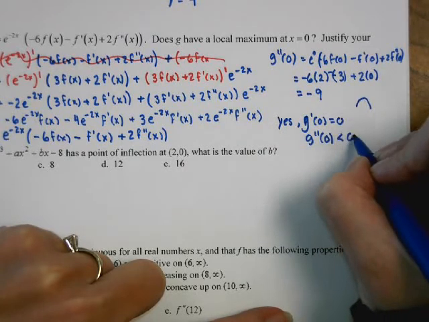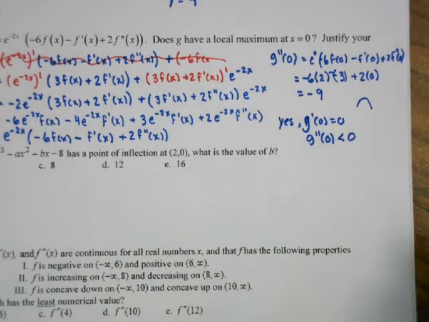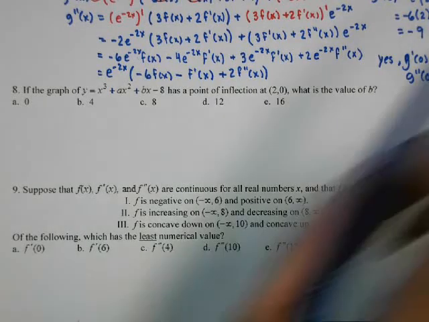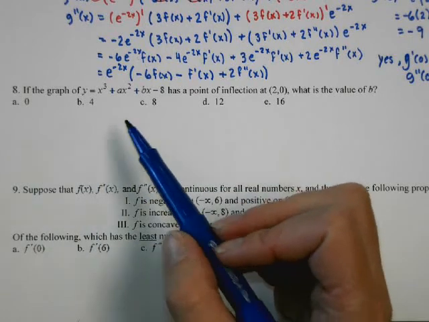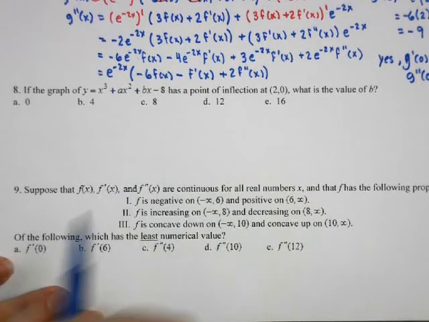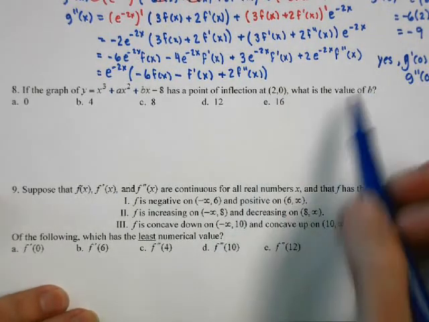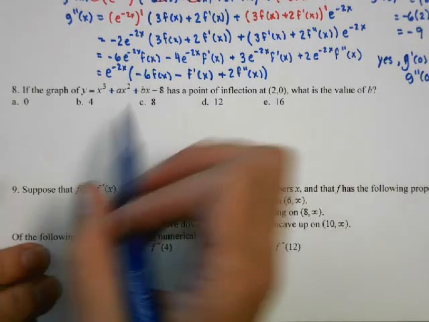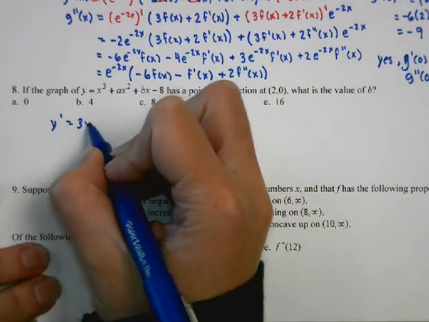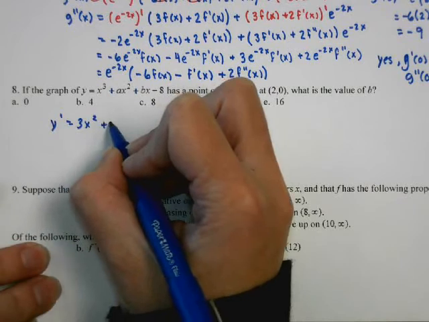Okay, so we'll do these last two quickly. If the graph of y equals x cubed plus ax squared plus bx minus 8 has a point of inflection at (2, 0), what is the value of b? So we're going to take the first derivative and the second derivative.